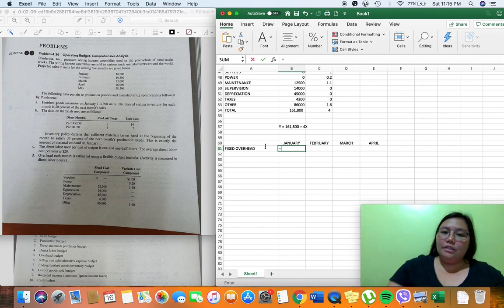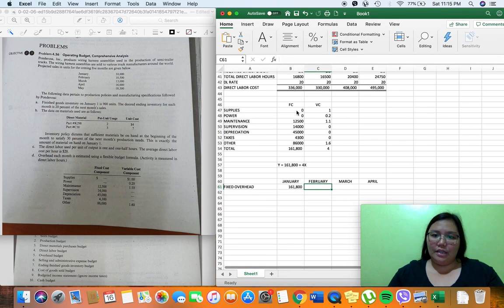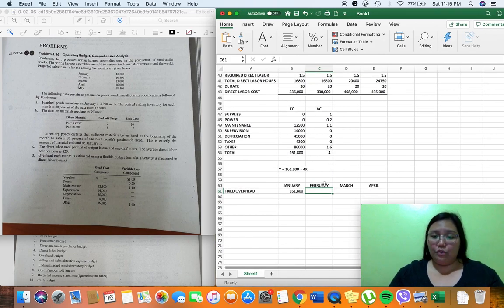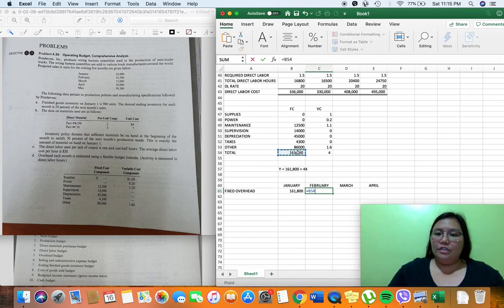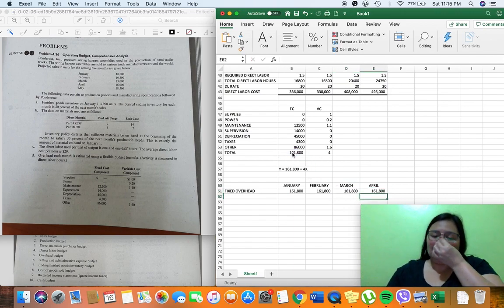Based on our analysis earlier, our total fixed overhead is 161,800. So there is no need to compute anything; we simply copy, of course.